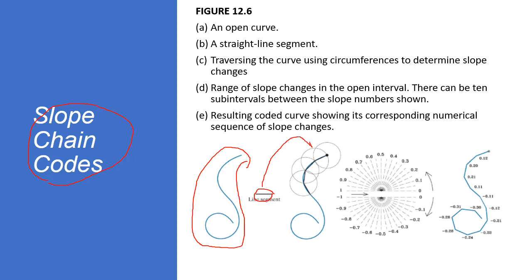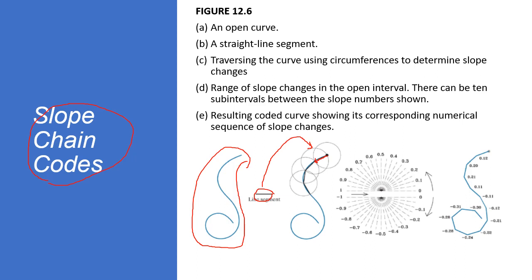So we start from the beginning of the curve, draw a circle with the radius of the line segment length, and so we have the circle cross the curve at that intersection, and then we join a straight line from the start of the curve to the intersection.